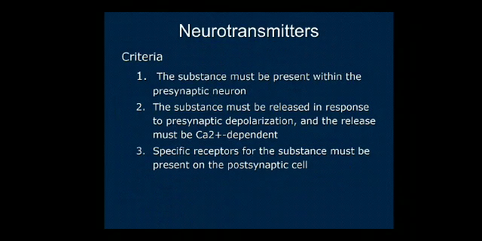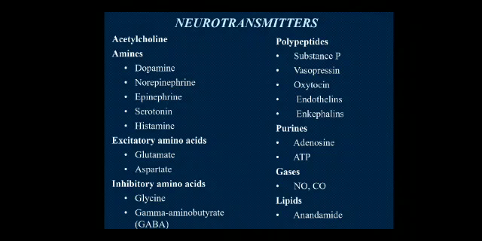The specific receptors for the substance must be present on the postsynaptic cell. This is about a few neurotransmitters. You can see acetylcholine, which is one of the main neurotransmitters.